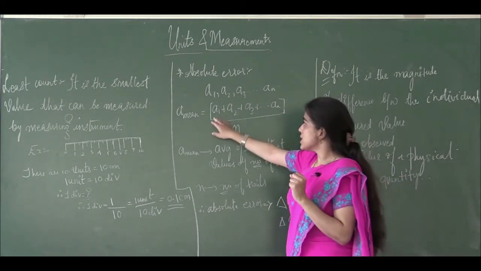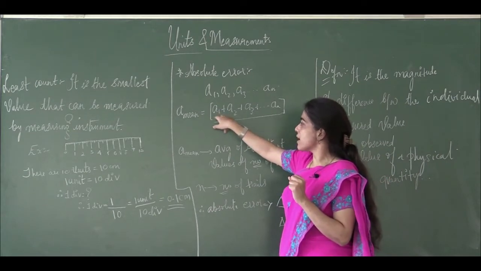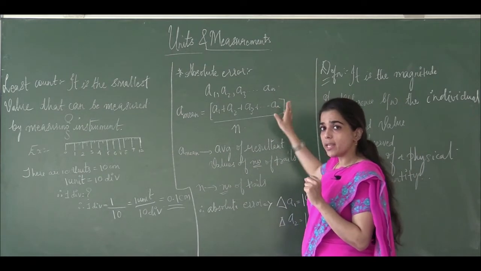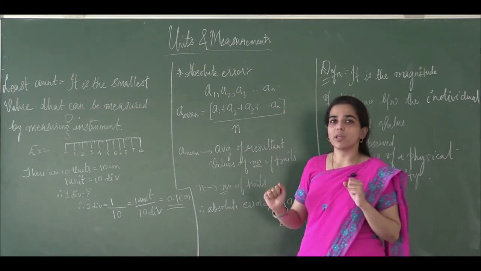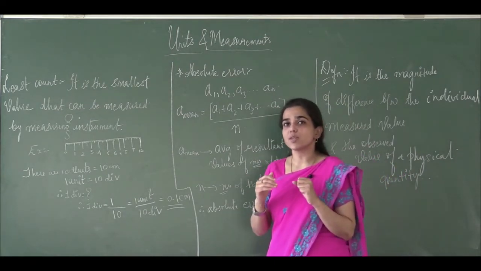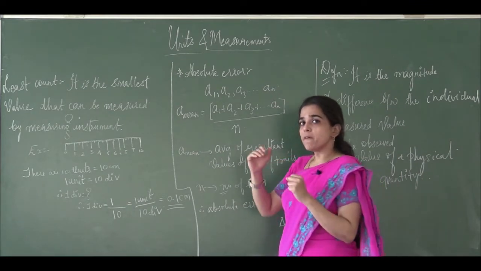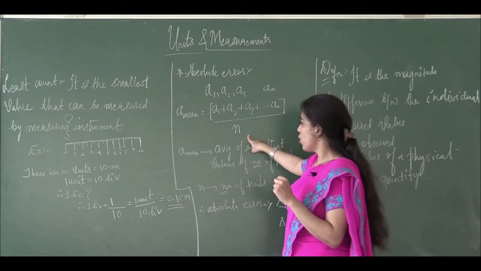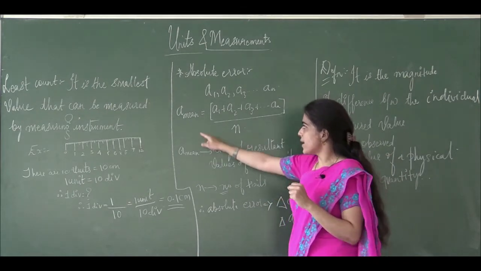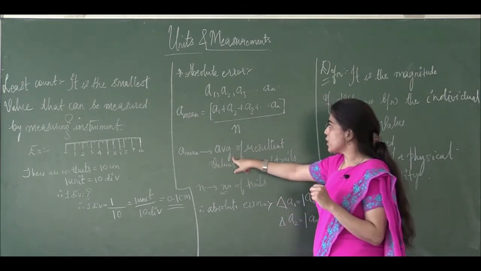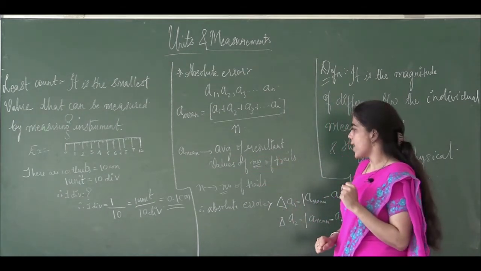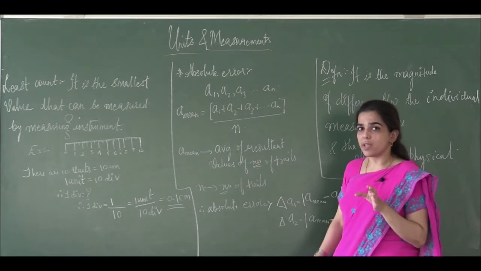So here this sum is represented as A1 plus A2 plus A3 plus and so on till AN divided by the number of trials. So we will consider the number of trials to be n. Okay. So now as I said, A mean is the average of the resultant values of the number of trials and n becomes the number of trials.